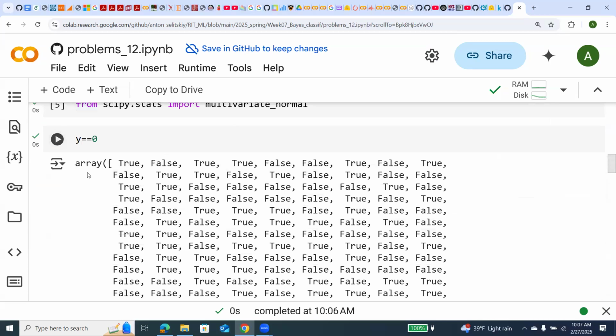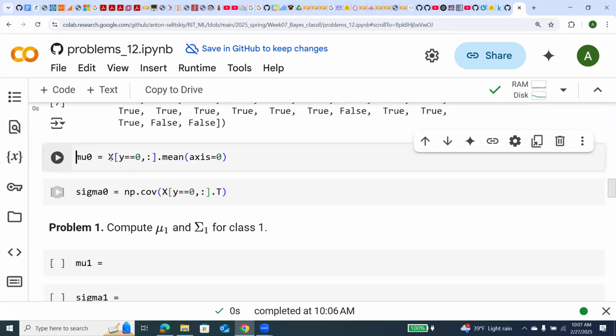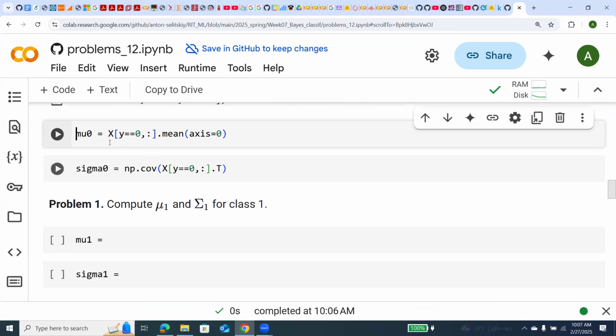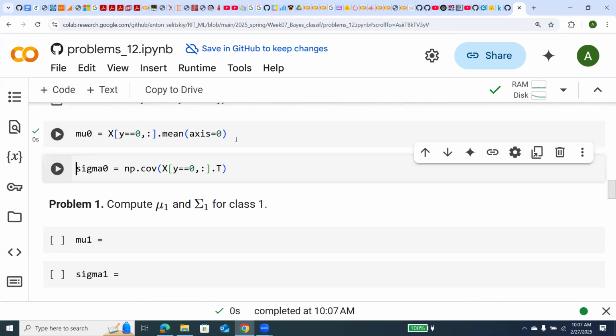So if I apply x of y equals 0, it will actually choose only lines corresponding to y equals true. So that's why this line calculates mean for class 0.